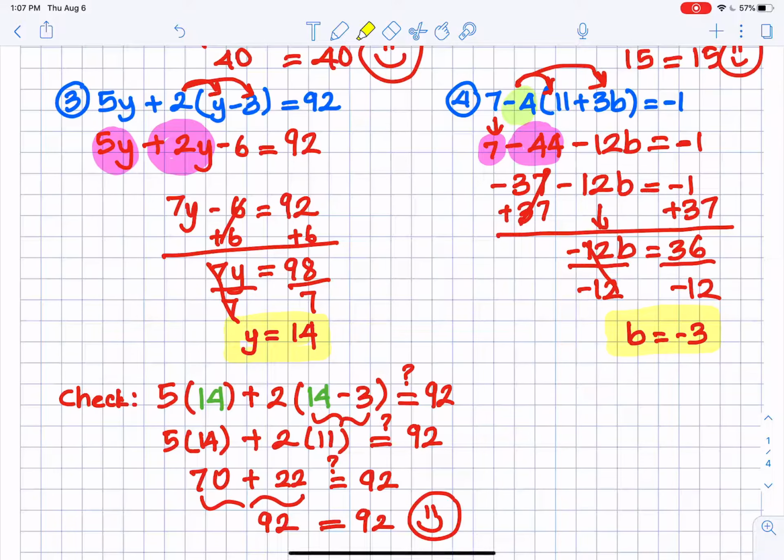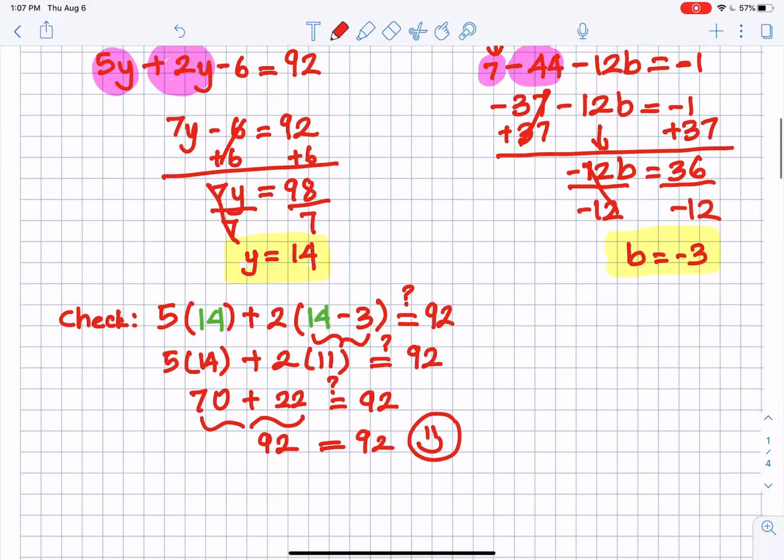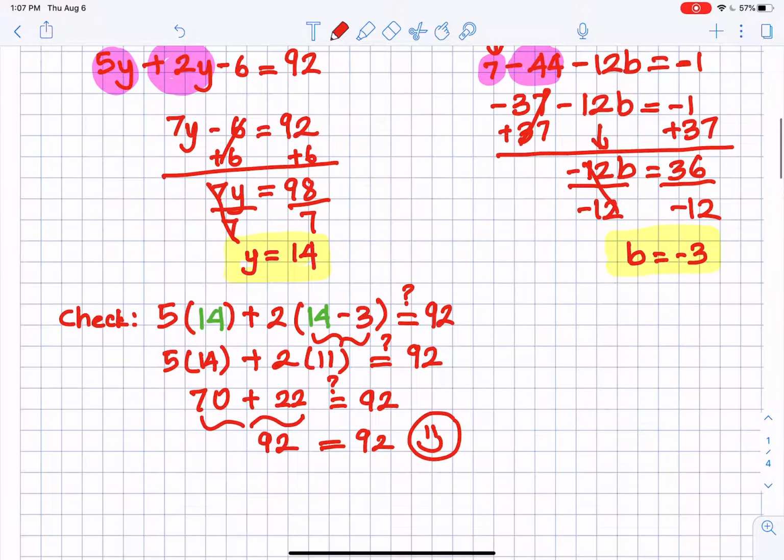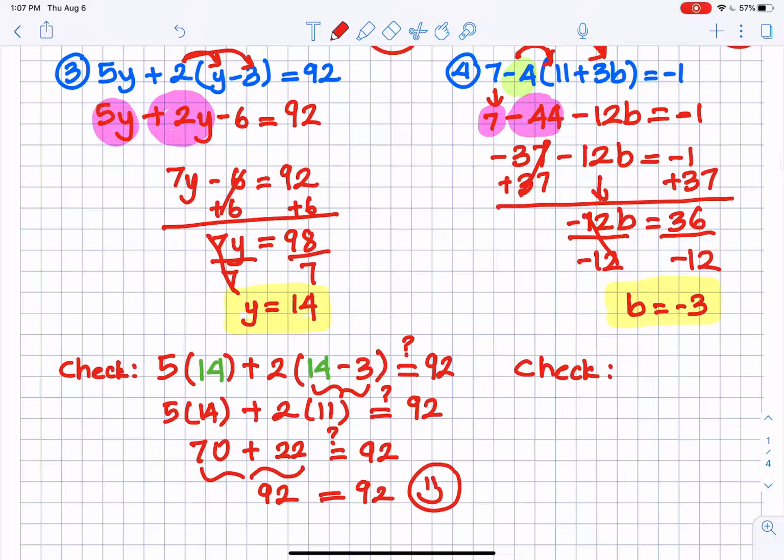Okay, now let's check our work to see if the variable b is negative 3 or not. So I'm going to write the original equation, 7 minus 4 times 11 plus 3. So we are going to put negative 3 for b.